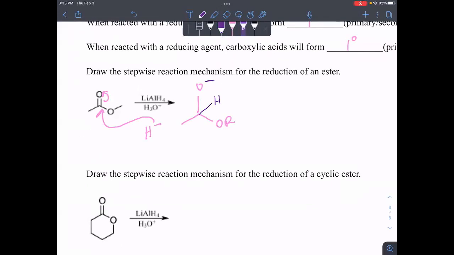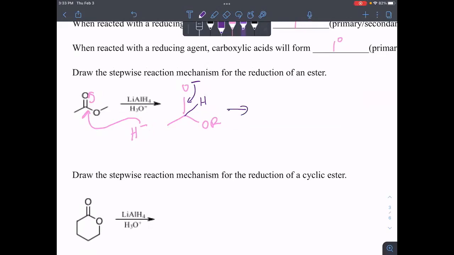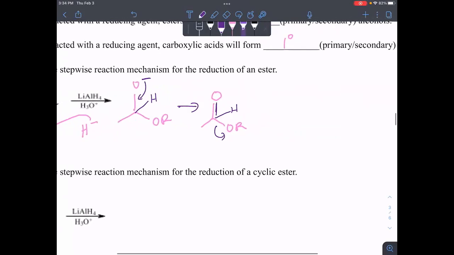What happens is that these electrons come back down and reform the double bond with the carbon, so like this. And we can't have too many bonds on the carbon, like this is 5 bonds, so one of them has to leave. And the one that's most suited to leave is this OR group. So that just goes away. After that, we are left with an aldehyde.